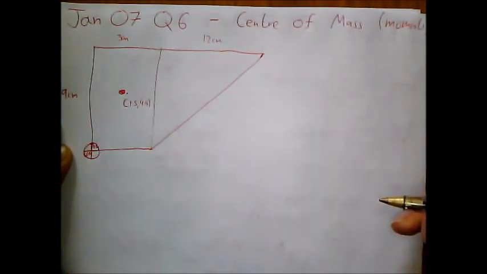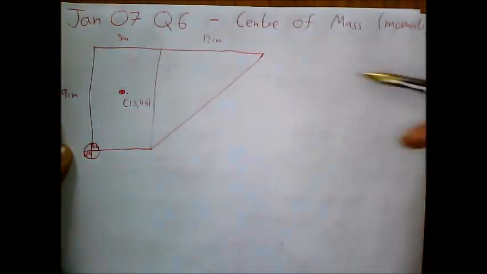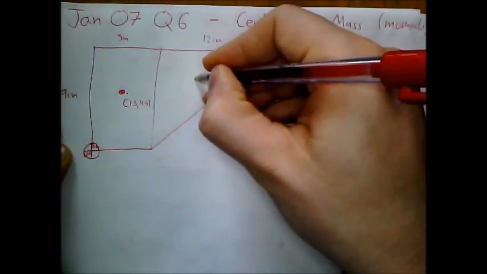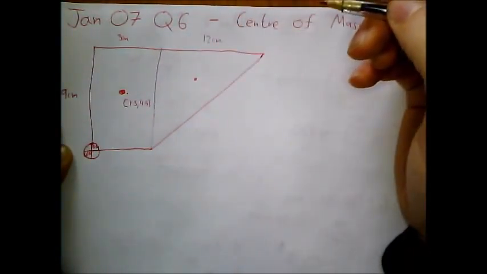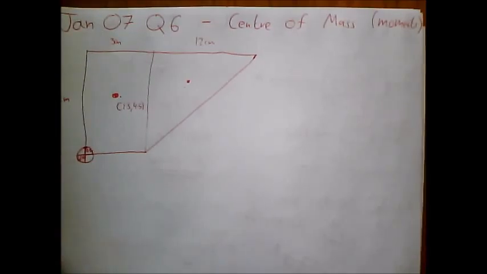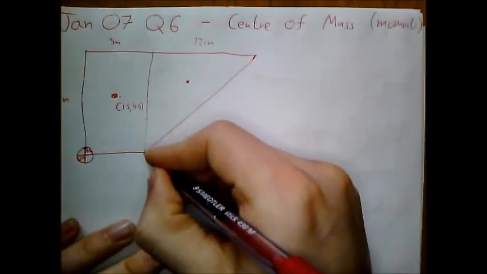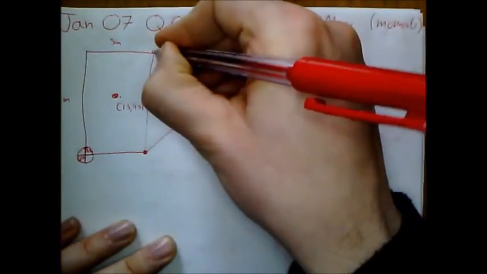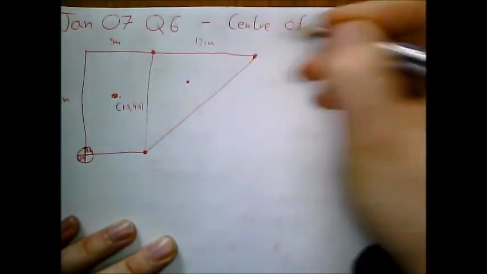Then for the triangle, we're going to need to get its centre of mass. There's no symmetry here, it's a scalene triangle with no lines of symmetry, so we're going to have to do this one the old-fashioned way. To do this, we need the coordinates of the vertices of the triangle.